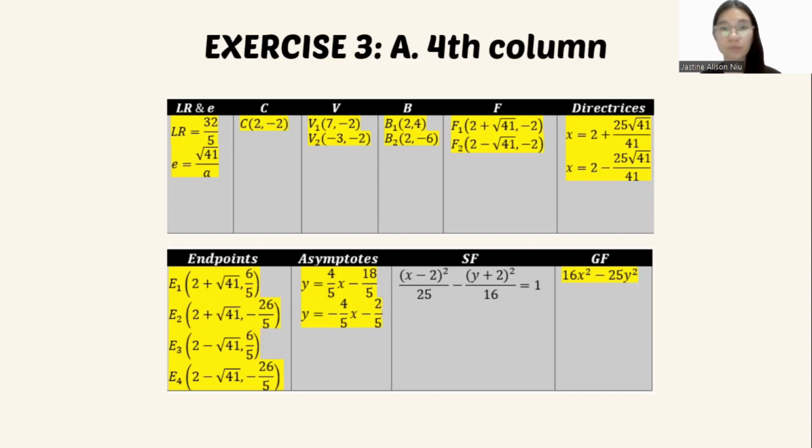And then the asymptotes are y equals 4 over 5x minus 18 over 5, and the next asymptote is negative 4 over 5x minus 2 over 5. So given the SF, x minus 2 squared over 25 minus y plus 2 squared over 16 equals 1, the general form will be 16x squared minus 25y squared.